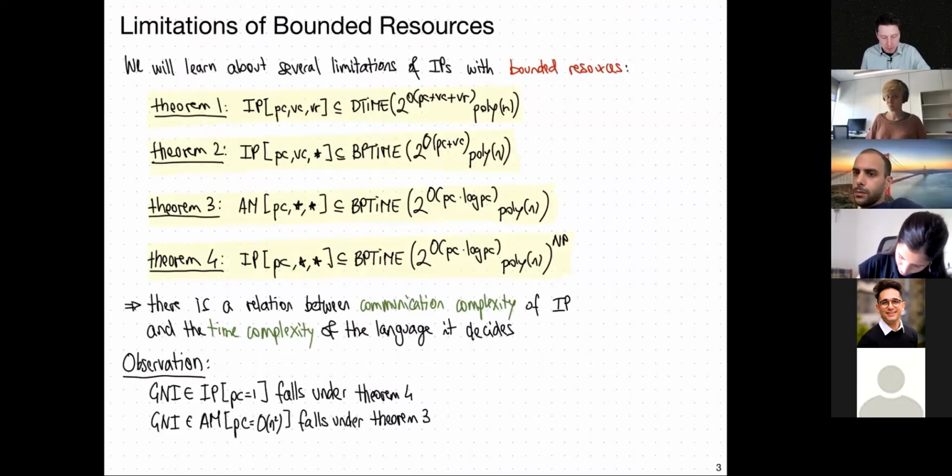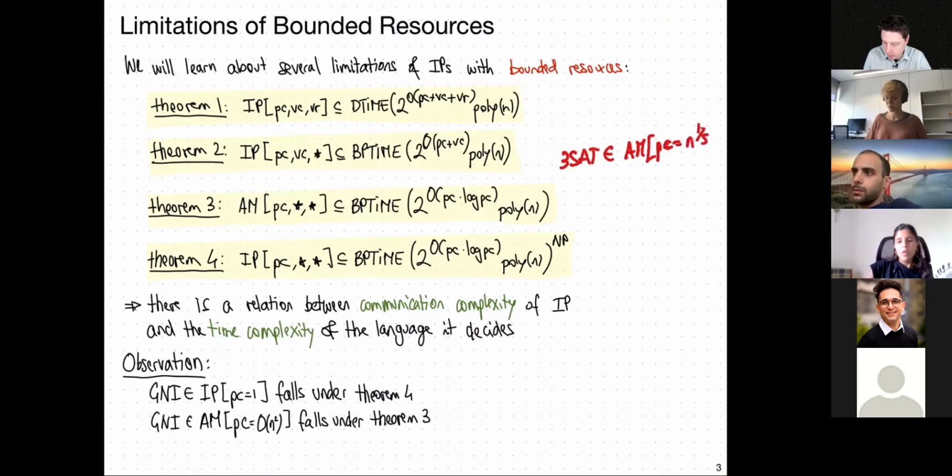So let's take, for example, the case of 3SAT. Let's say that we somehow figured out that 3SAT is in AM, PC, say n to the 1/3.